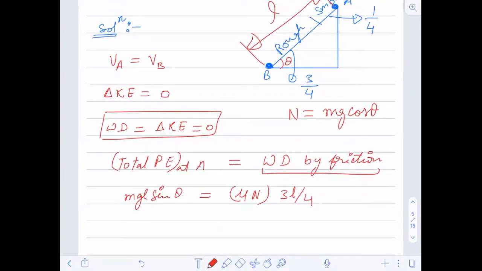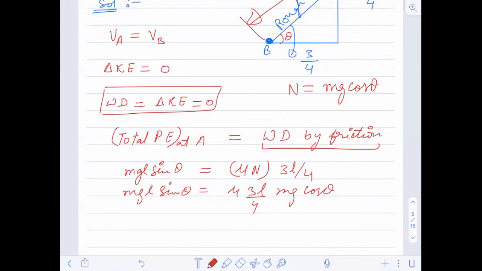So mgl sine theta is equal to mu into 3L by 4 mg cos theta. Okay, so mgl gets cancelled.